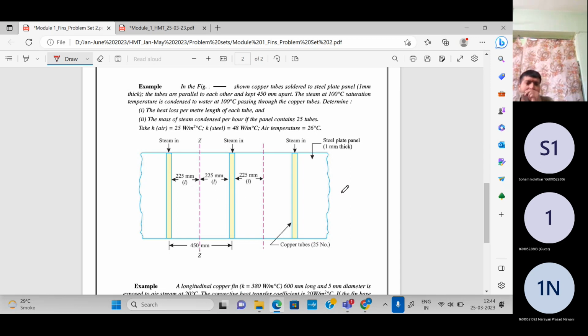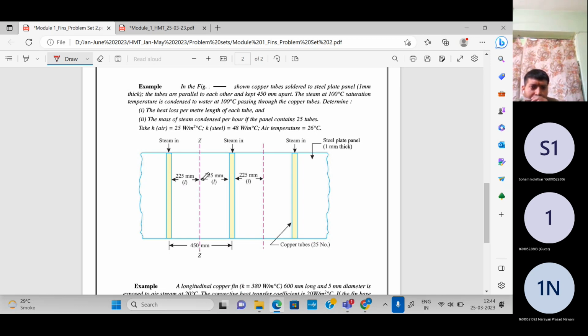So due to the symmetry in the geometry for the arrangement of these copper tubes on this steel plate, this half of the distance between the two tubes will work as a fin.